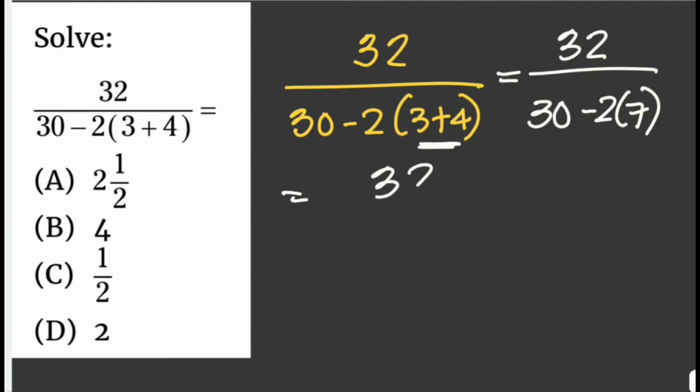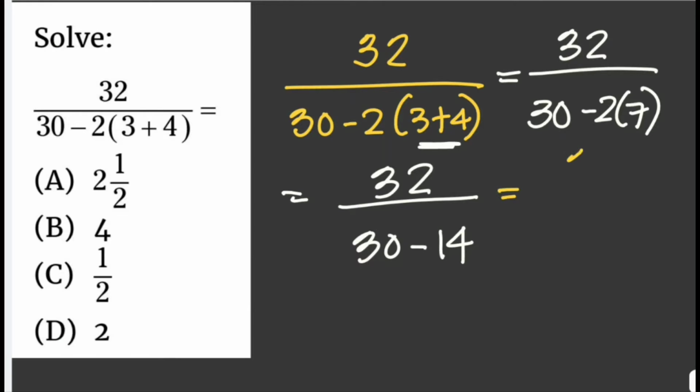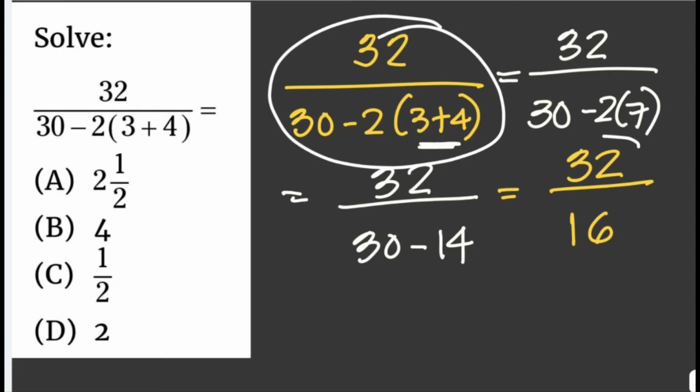And then in the denominator, we multiply 2 and 7 first. 2 times 7 is 14. And then this would be 32 over 30 minus 14, which is 16. So this expression here is just equal to 32 over 16.